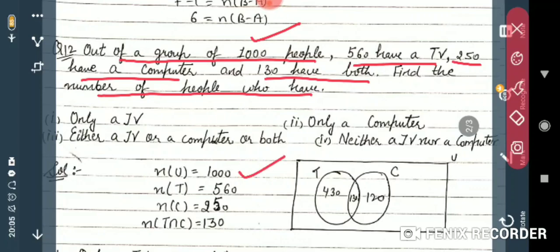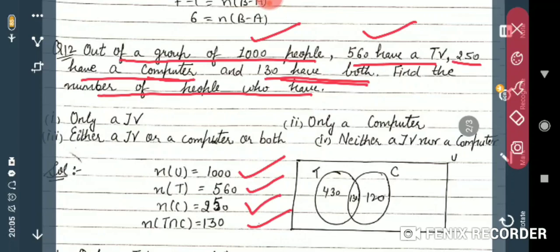So it is universal. n(U) is given 1000. 560 have a TV. So n(T) is given 560. 250 have a computer. So n(C), C denotes computer, is 250. 130 have both. Both means T intersection C.